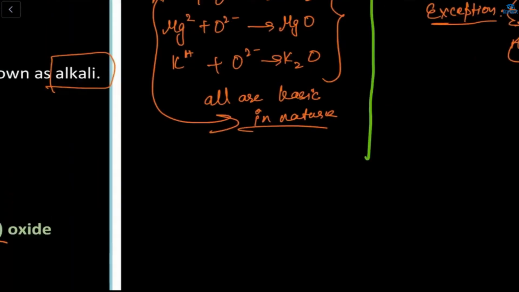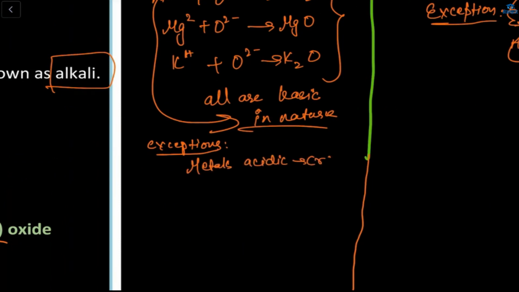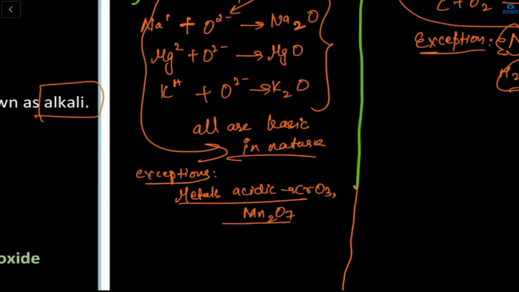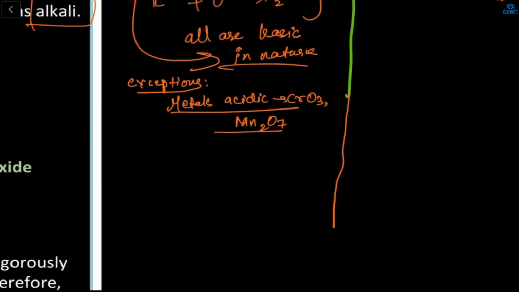Here also there are some exceptions. Exceptions in metals: some metal oxides are acidic, which are CrO3 and Mn2O7. These are acidic in nature, but all others are basic in nature. Only these two are the exceptions.